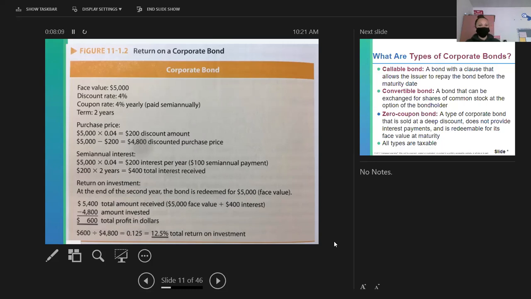You redeem it for the face value. But you've also gotten the $400 in interest. So you get $5,400 total, right? You got 4 $100 payments, and then you also got this $5,000. You only put $4,800 in. So you made $600 in profits, or your return on investment here would be 12.5%.